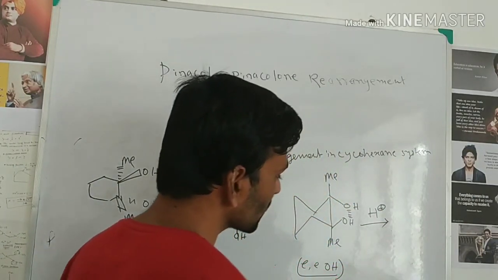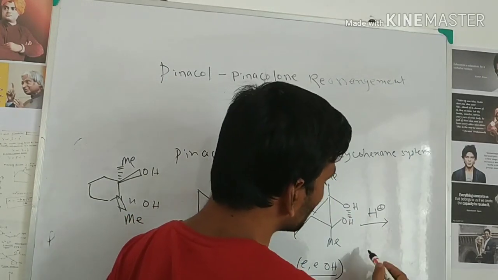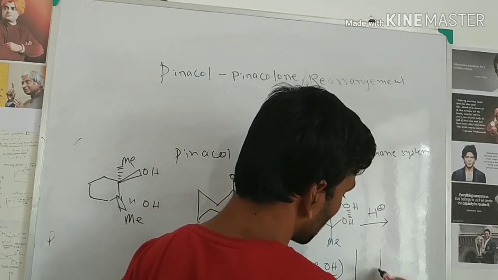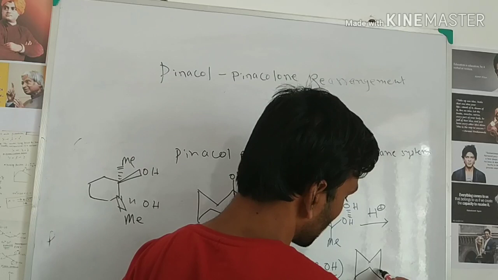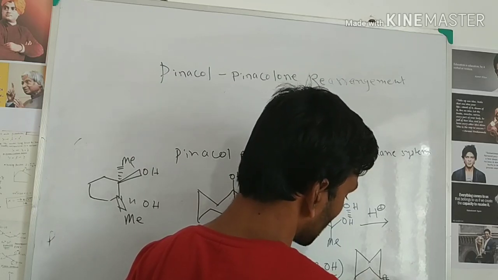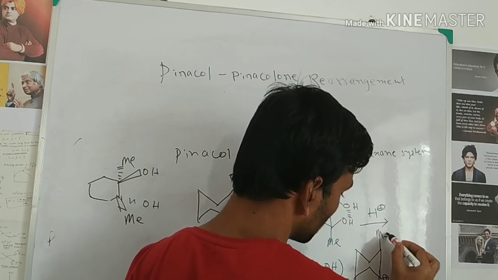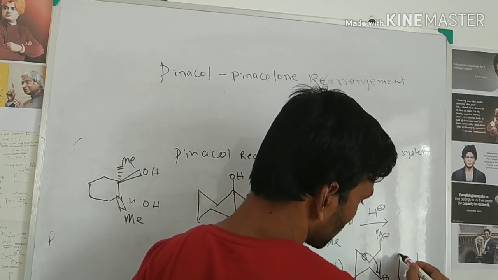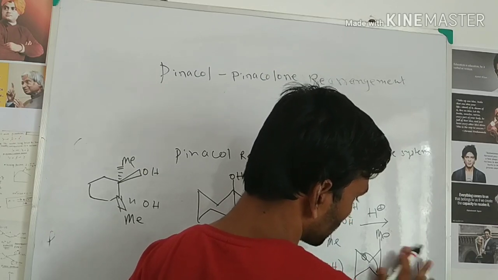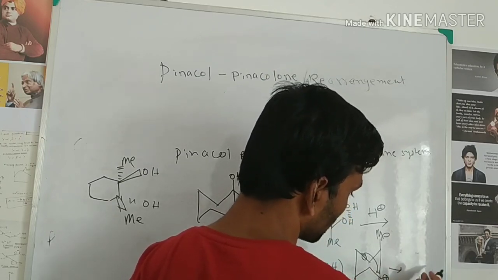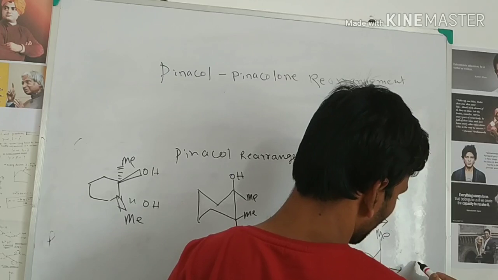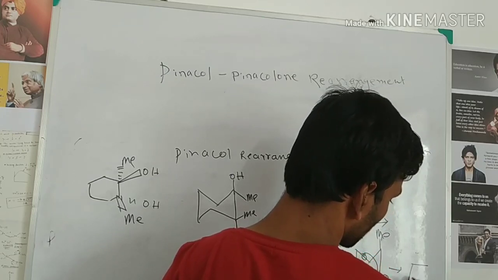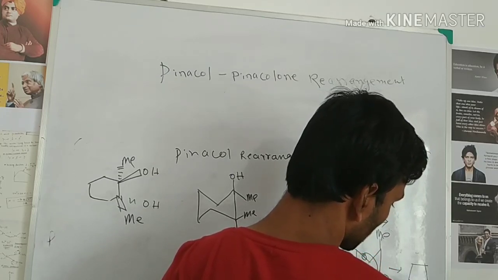So this compound is treated with the acid. Here one OH group is protonated and forms a carbocation here, and finally this bond will shift here and form the compound, that means this compound is this one.